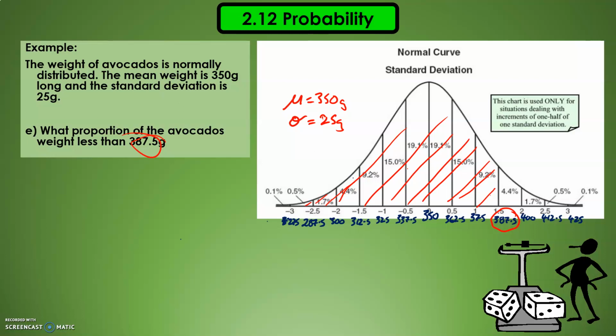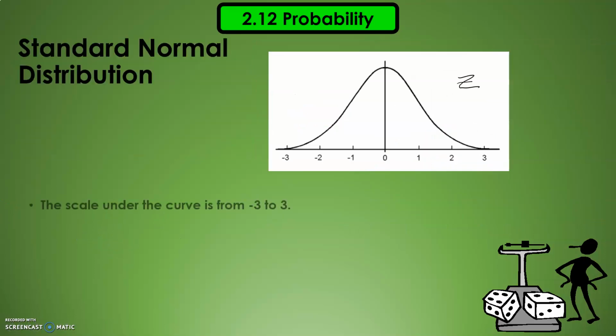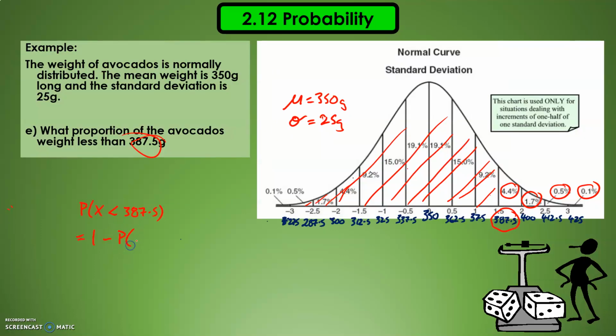What we could do is go through and add up all the little probabilities together that I've shaded in, or I could realize that the probability that x is less than 387.5 is equal to 1 take away the probability that x is greater than 387.5 grams.